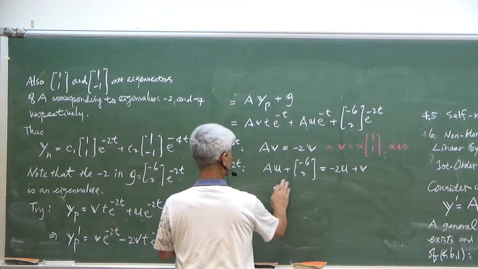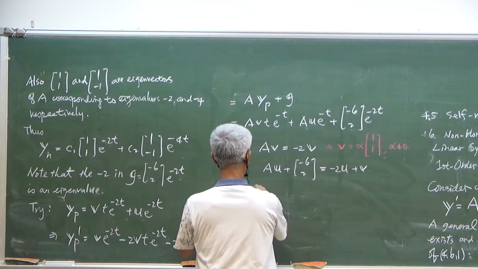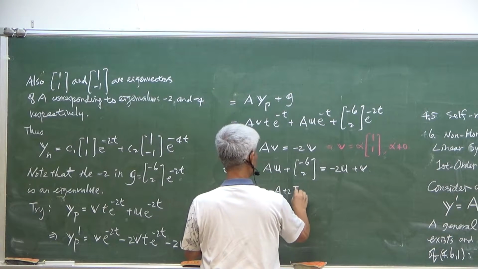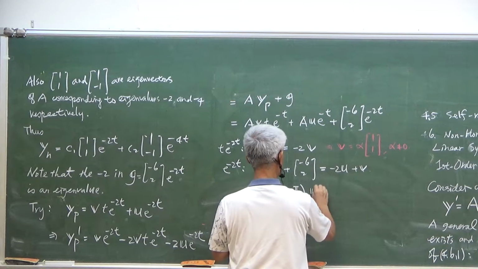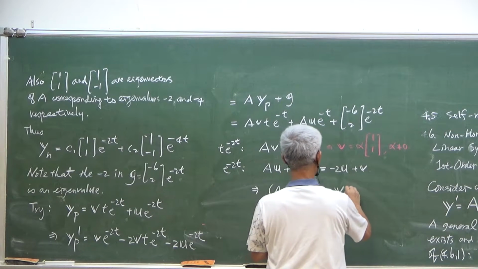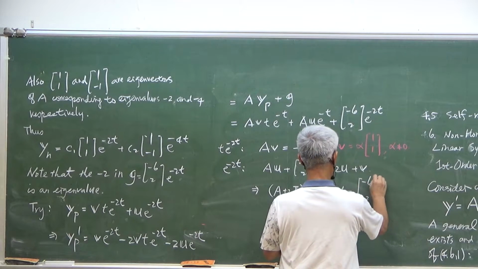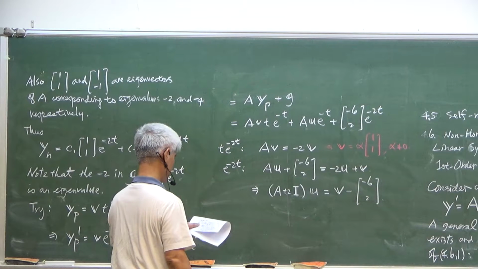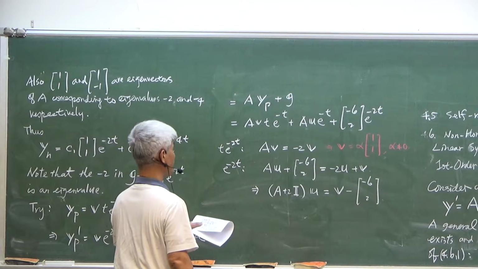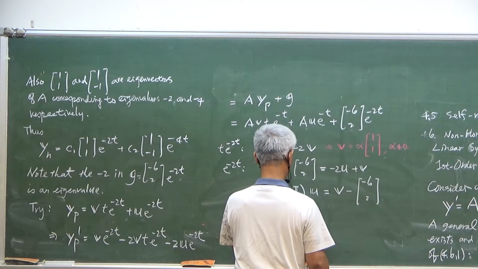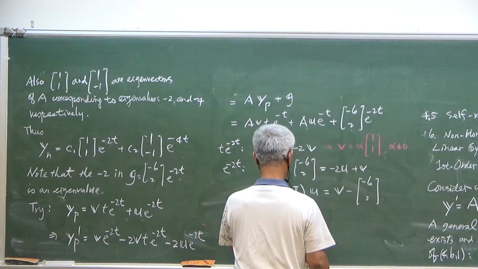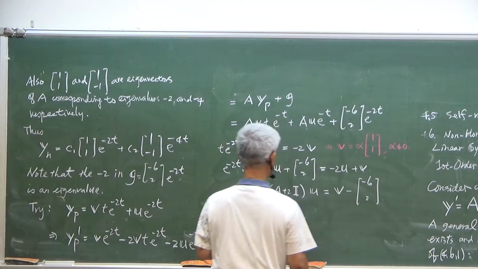So actually, this is going to be A plus 2I u equal to v minus g. Okay.